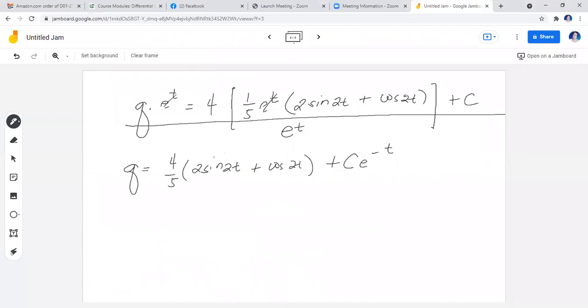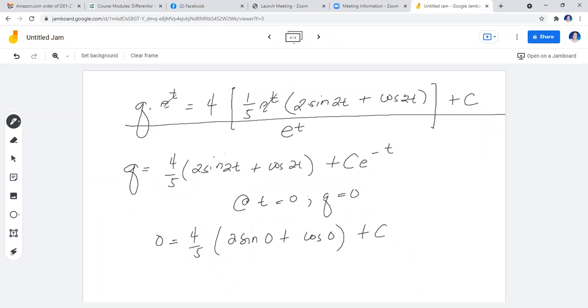So at t equal to 0, Q is equal to 0. So it will now be 0 equal to 4/5 times 2 sine of 0 plus cosine of 0 plus c e raised to 0.